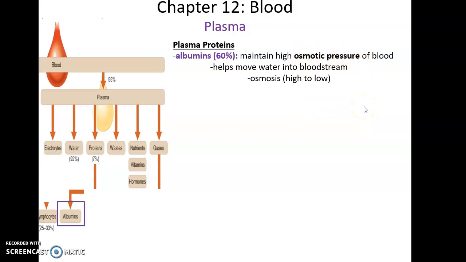Because of their presence in the blood plasma, they make the blood slightly more hypertonic than the interstitial fluids, because the proteins don't leave the bloodstream normally. And so that means water is going to want to go back into the bloodstream. So basically, albumins help to make sure that water wants to continually go back into the bloodstream via osmosis.